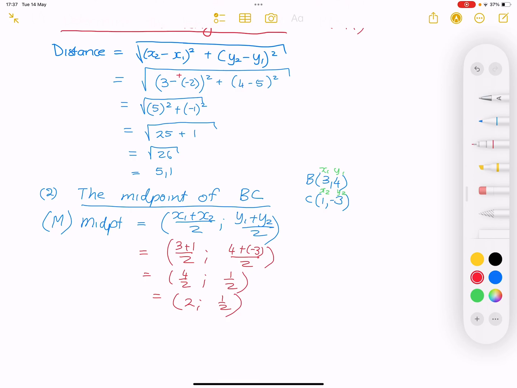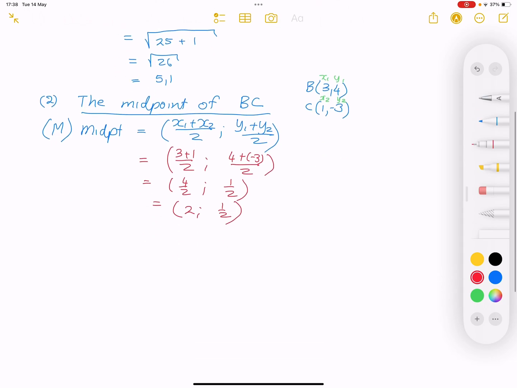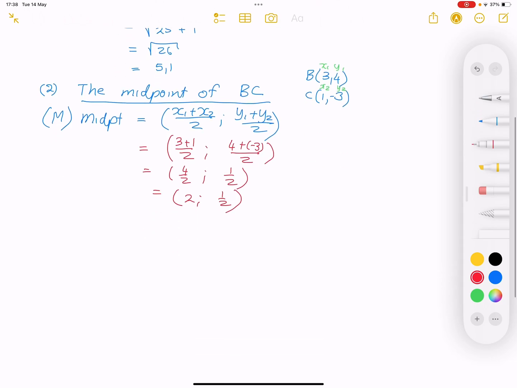Okay, the next one, they want the gradient. Okay, let's do the gradient of AC. I just want to check something here. Perpendicular lines, midpoint. Okay, the gradient of AC.